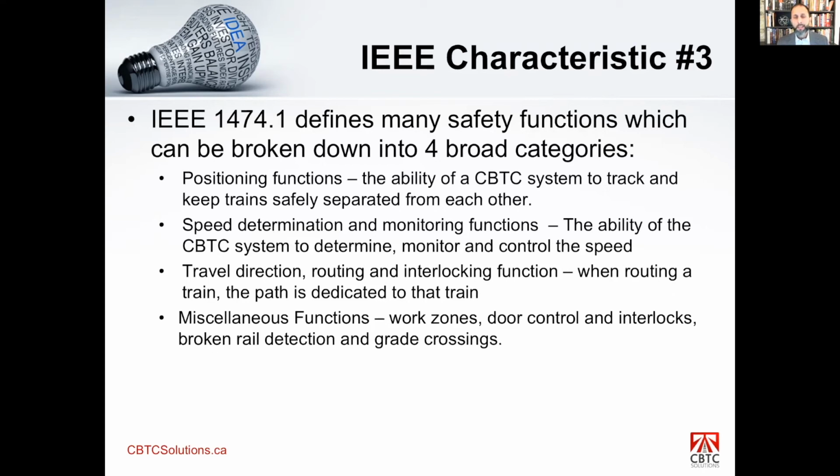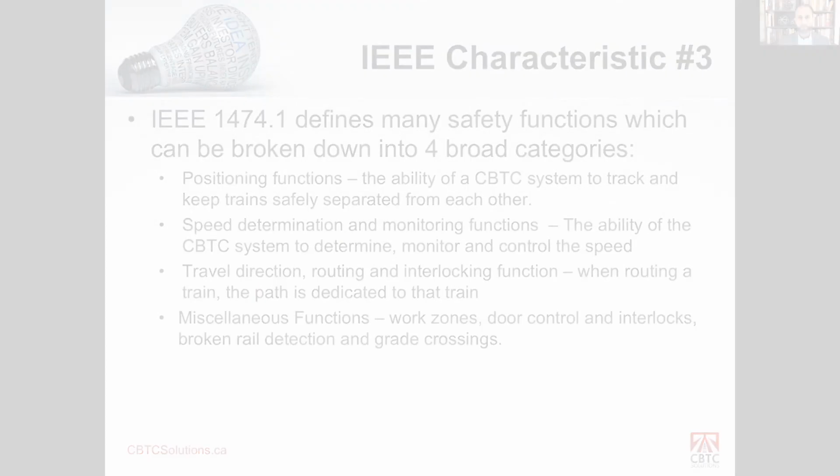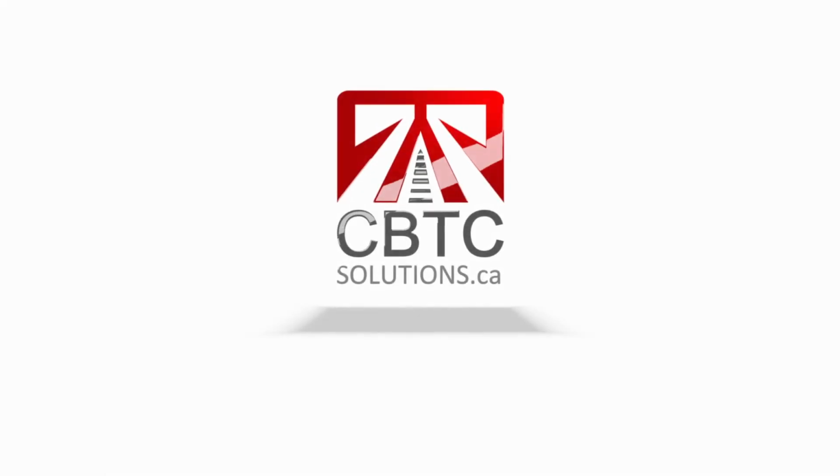Broken rail detection is debatable as to whether it's a CBTC function, and I'll go into more detail in the CBTC building blocks. But this is characteristic number 3. The CBTC system must be able to keep the system safe, protect the riding public, protect property, and protect the personnel that are maintaining and operating the system itself.